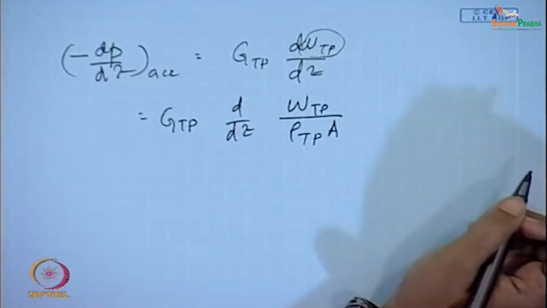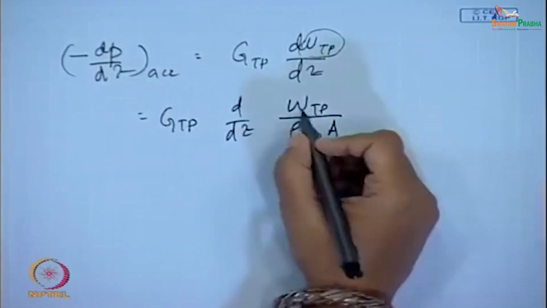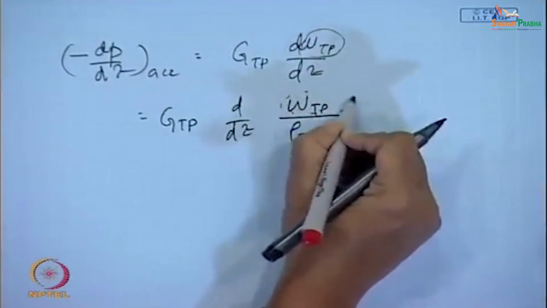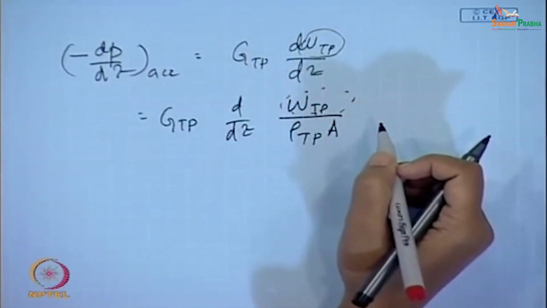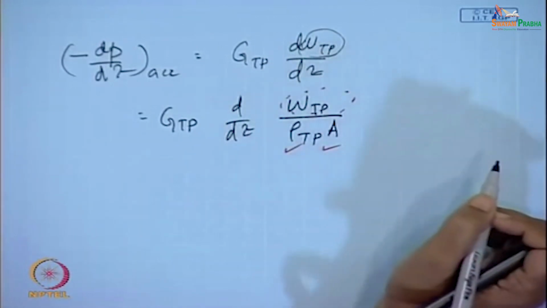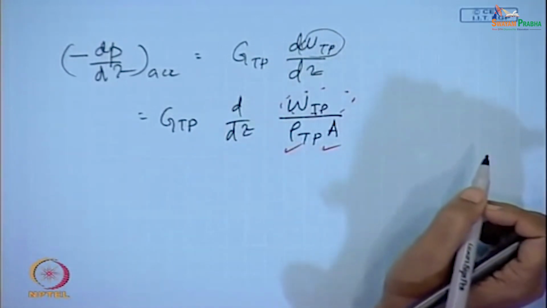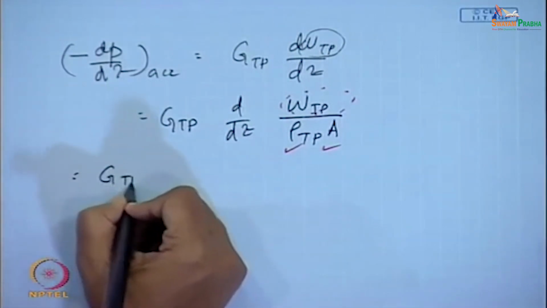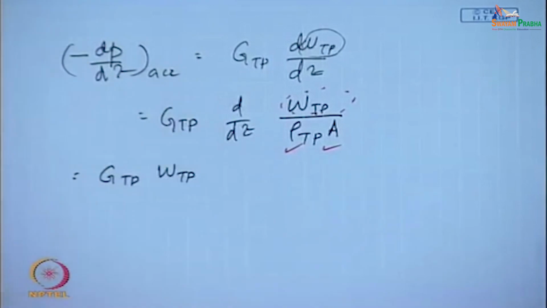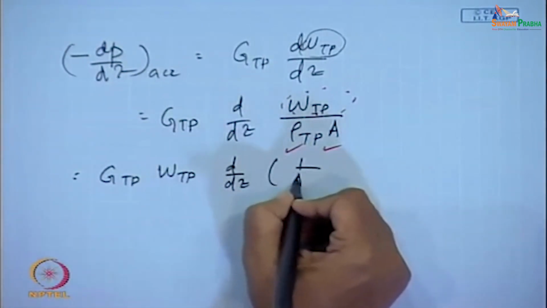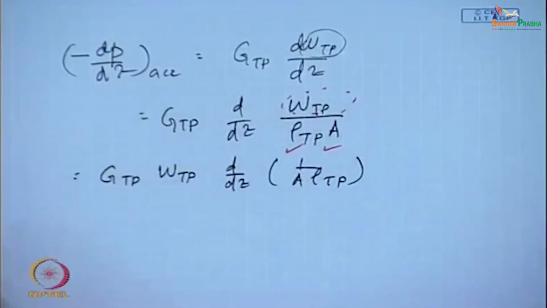Can we do this? Agreed? This particular term is constant. The things which will be affected with distance, just because pressure changes with distance, are this term and this term, isn't it? So, we can write this down as, can we do this? Okay.